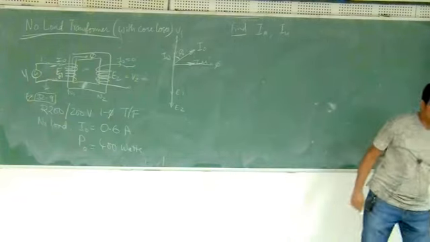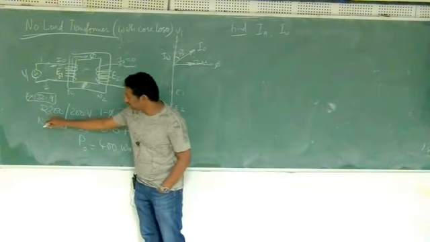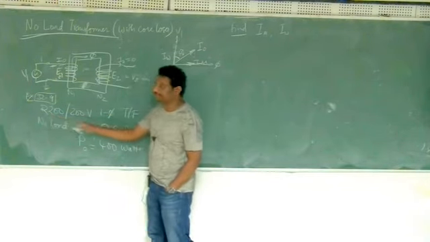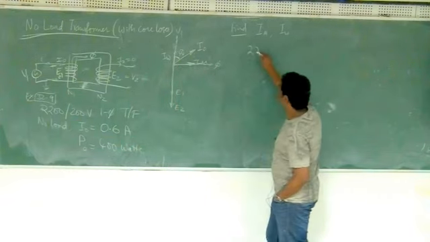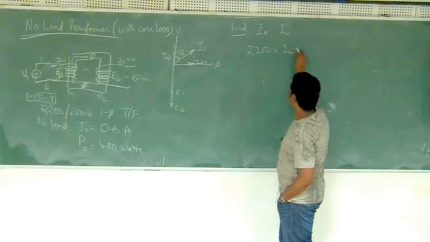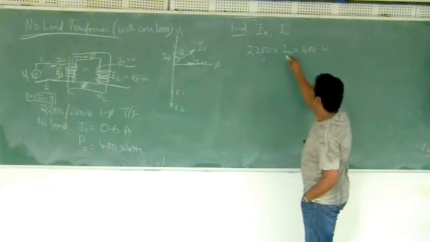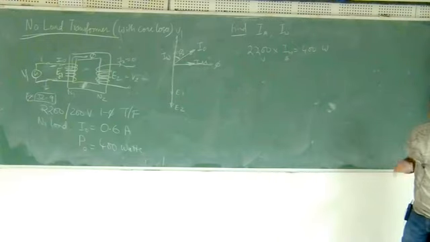IW you can find right away. How? You know that the rated voltage is 2200 in the primary side. So 2200 into IW should be equal to 400 watts. This is volts, this is amperes, so it should be this many watts.